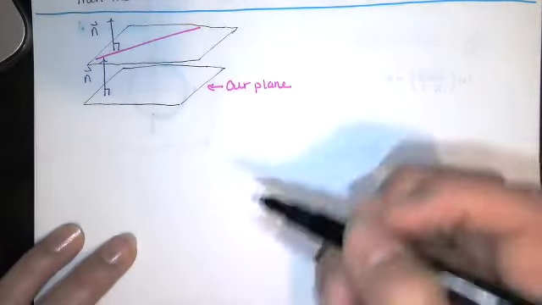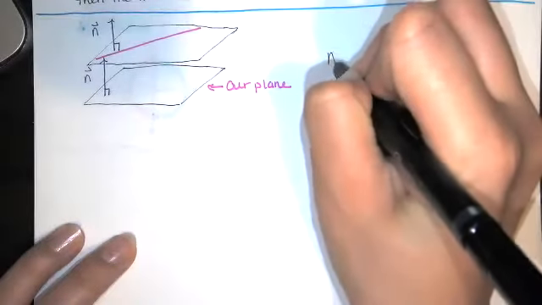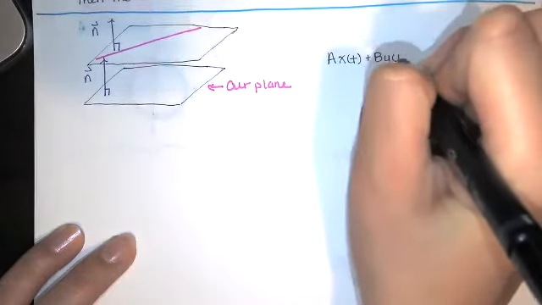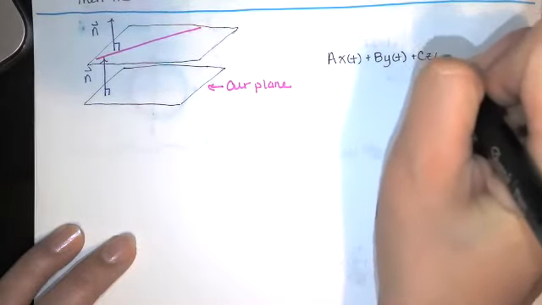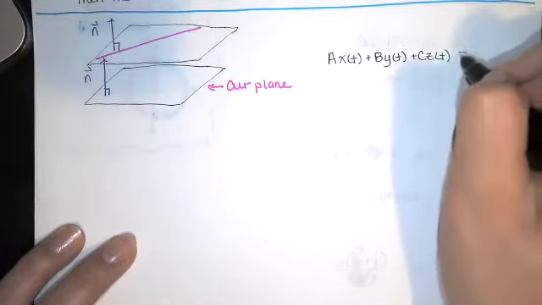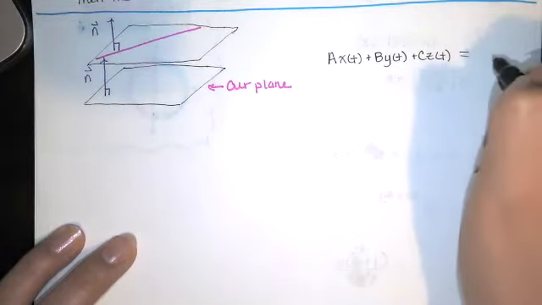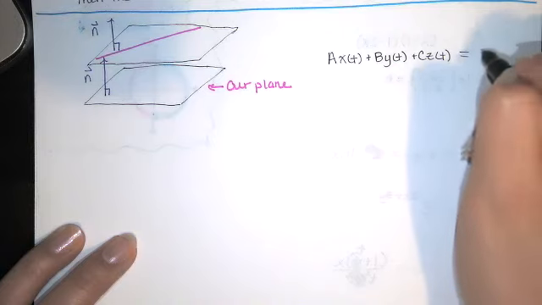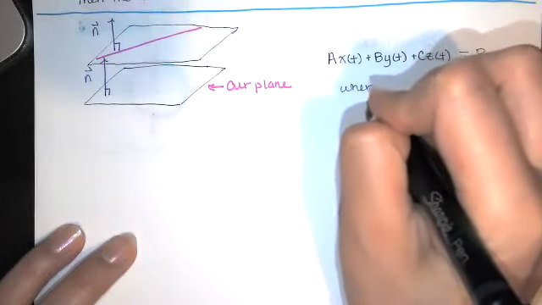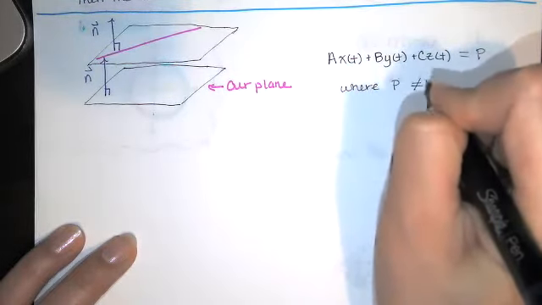So when you substitute x of t, y of t, and z of t into the equation of the plane, you're going to get some number. I don't know what it is. I'm going to use p, where p is not equal to d.